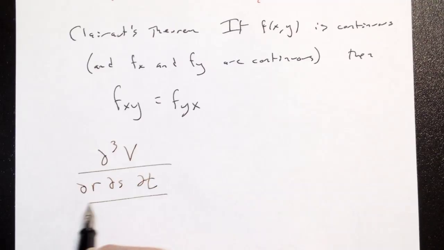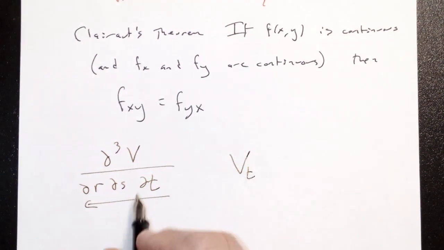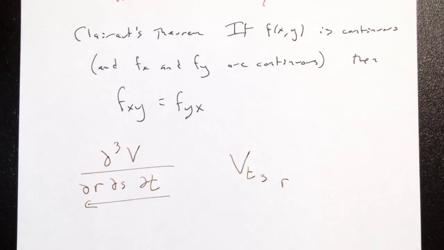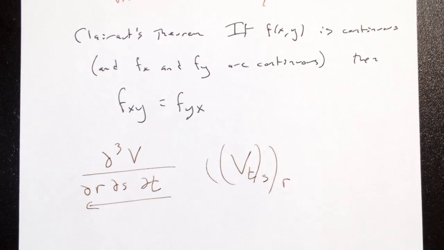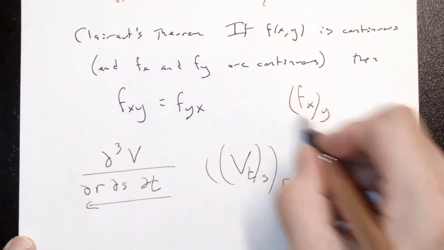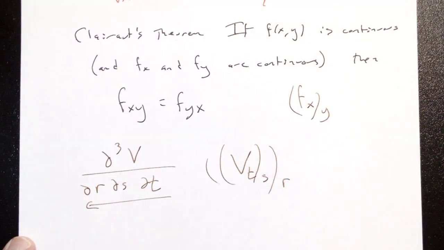But remember, we read these this way. So this is really the T first, then S, then R. It's the partial derivative of the partial derivative of the partial derivative. Like a second derivative, when I write fxy, I'm doing the y derivative after I do the x derivative.